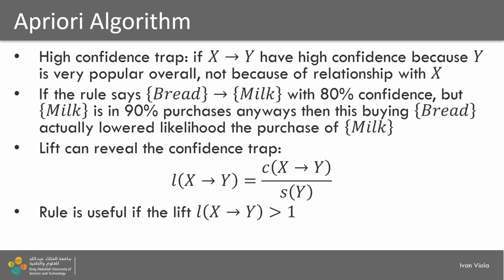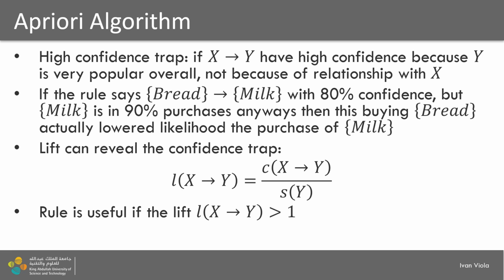And this can be found, for example, by the so-called lift, and this lift can reveal the confidence trap. The lift is a formula where we compare the confidence of the rule X implies Y with the support of Y. And if this ratio ends up being bigger than 1, so the confidence is higher than the support of Y, then this rule is really useful.